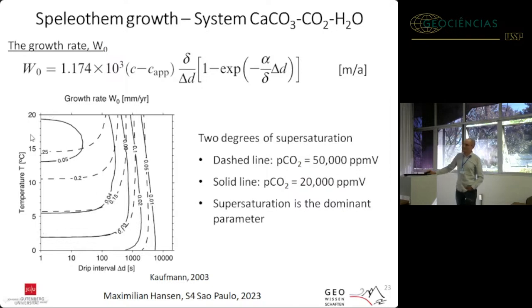So what you see here is the temperature, the drip interval, and the growth rate in millimeters per year. And what you can learn from this plot is essentially that the supersaturation is the dominant parameter for the maximum growth rate. Pretty easy if you just think about this equation here.